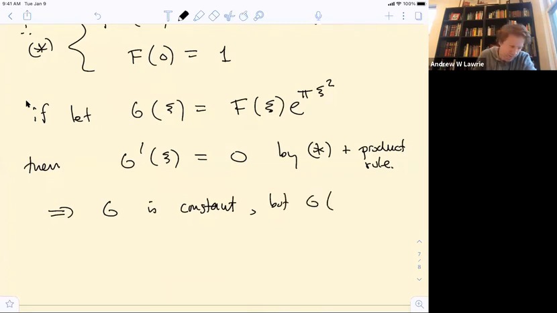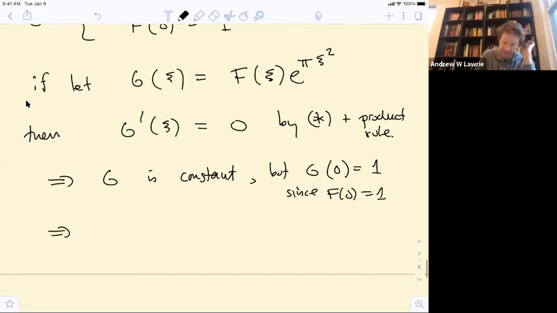But g of 0 is equal to 1, since F of 0 is equal to 1, which means that F of c is equal to e to the minus pi c squared. So g of 0 is equal to 1. So this means that g of c is equal to 1.